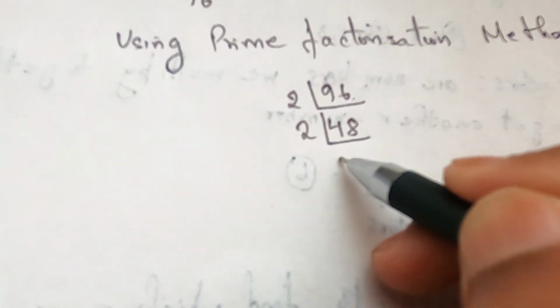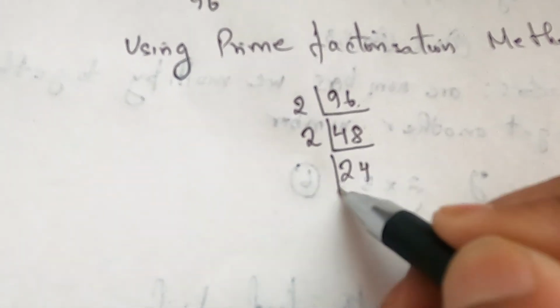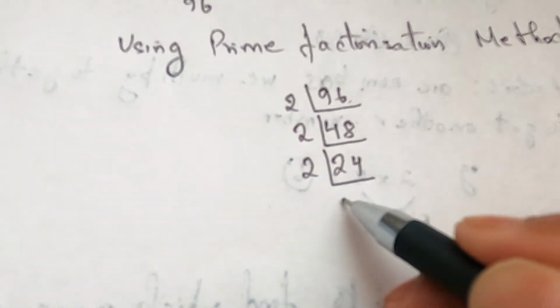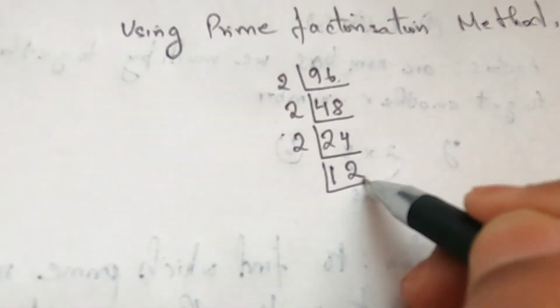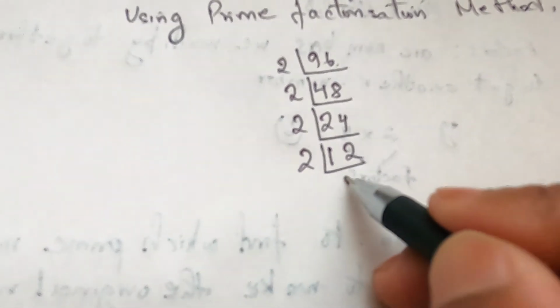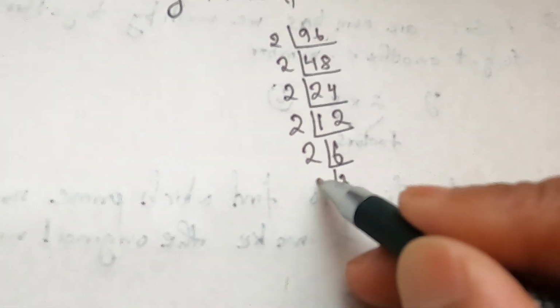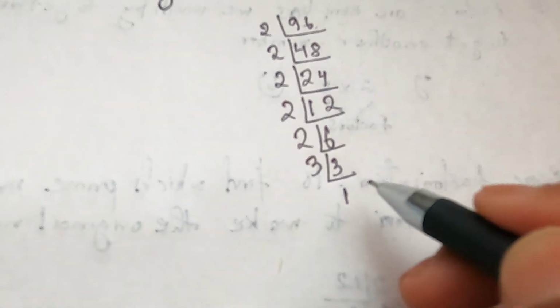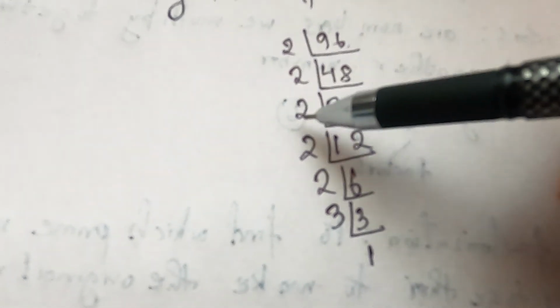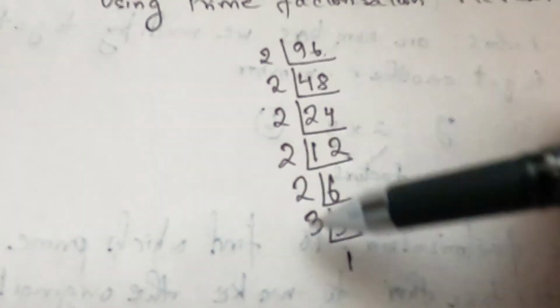So 2 into 24, 2 into 12, 2 into 6, 2 into 3, 3 into 1. As you can see, these are the factors of 96, which when we multiply we will get the original number.